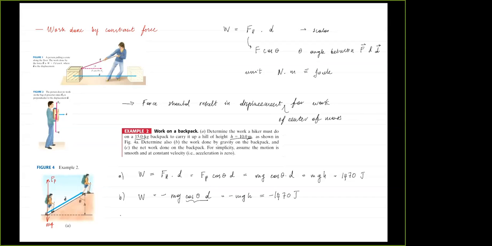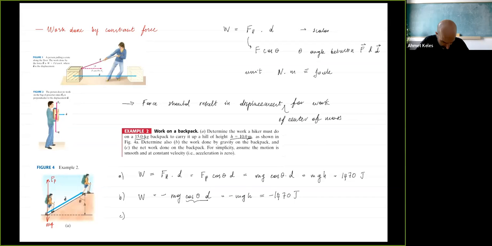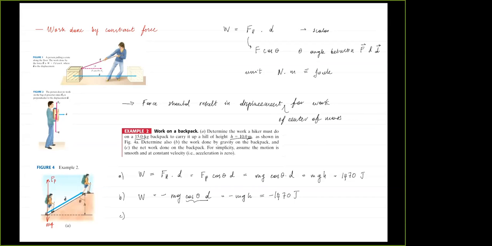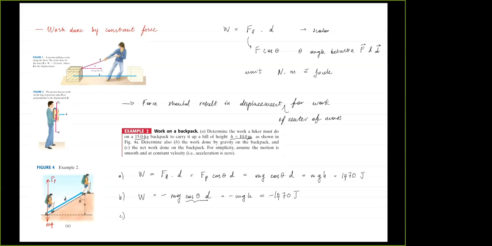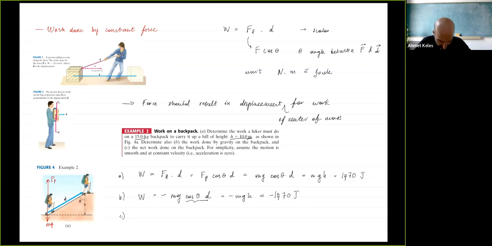And I have C. A question, Hocam. For part A and B, do we only use the vertical displacement because it says that the motion has constant velocity? Yes, acceleration is 0 in both horizontal and vertical, right?